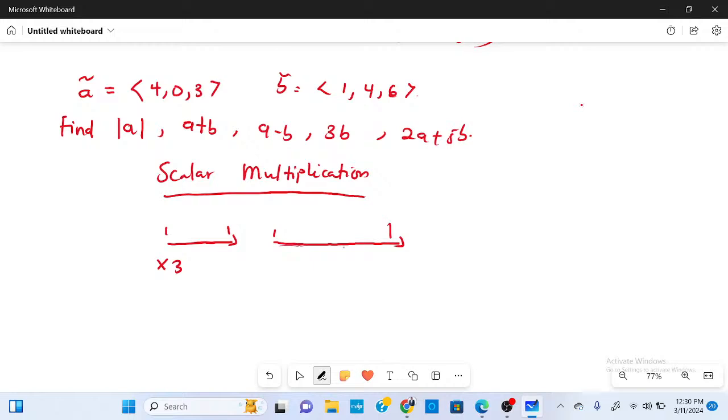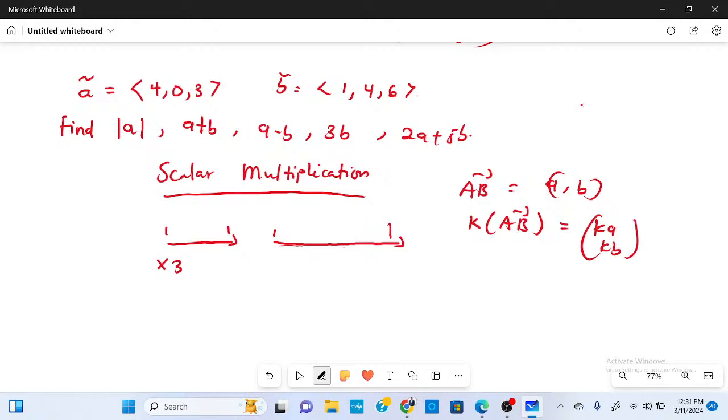So take note, whenever you have a scalar multiplication, let's say I have vector AB, which is A comma B. Whenever I multiply by any scalar, say K, multiplying AB, this scalar is going to magnify the magnitude of AB alone, not the direction. So you have something like KA, then KB.